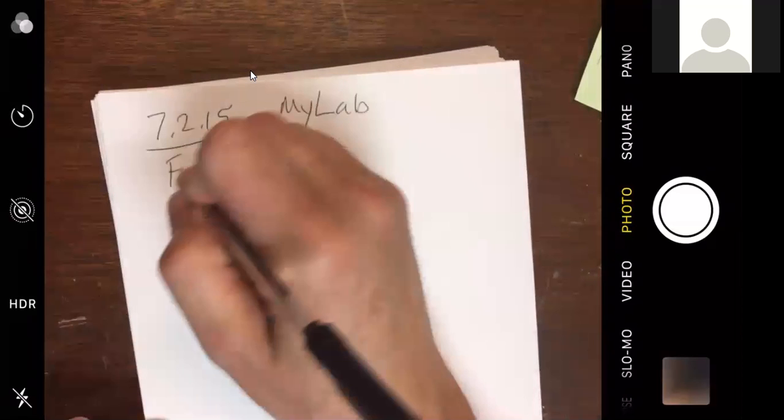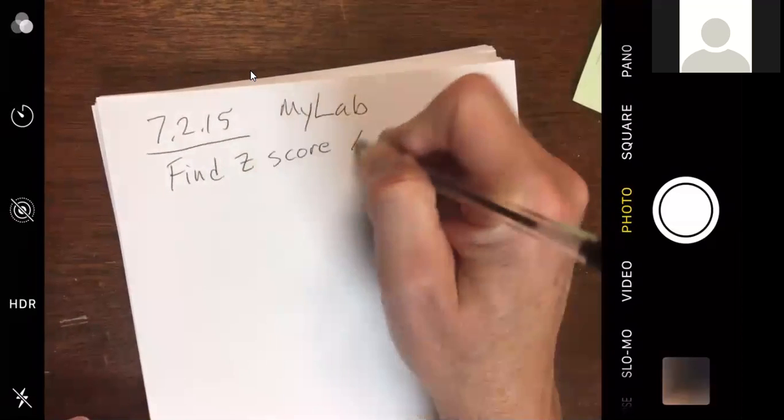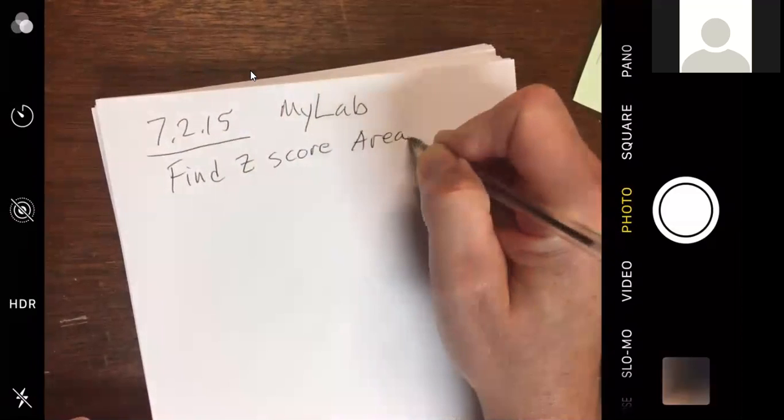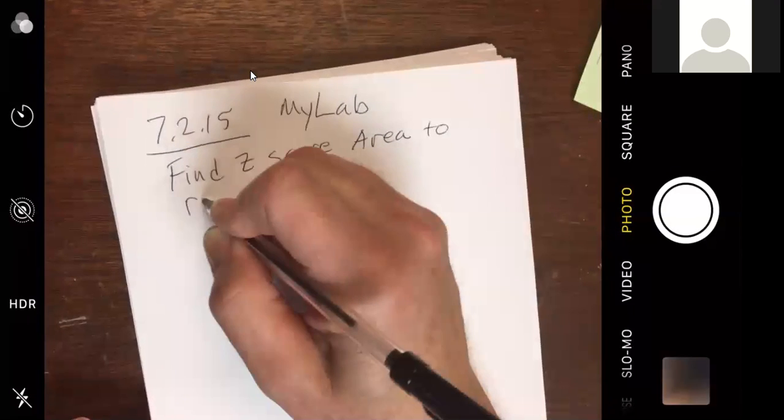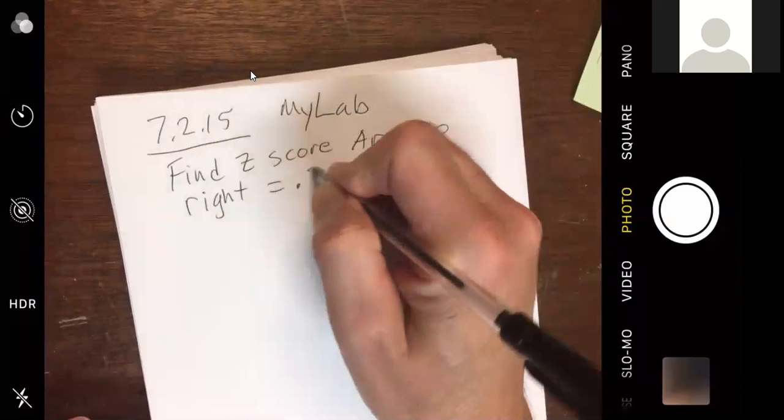Okay, the problem says find the z-score such that the area under the standard normal curve to the right is 0.37.